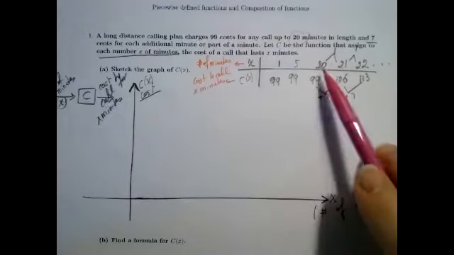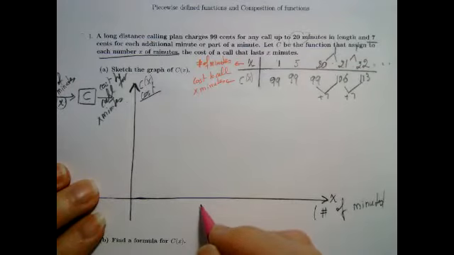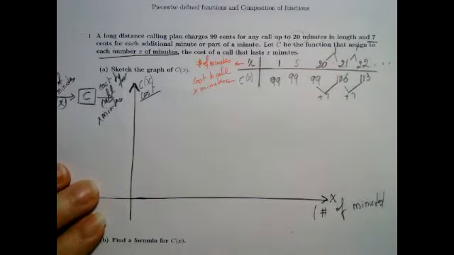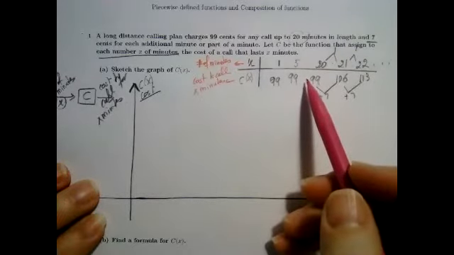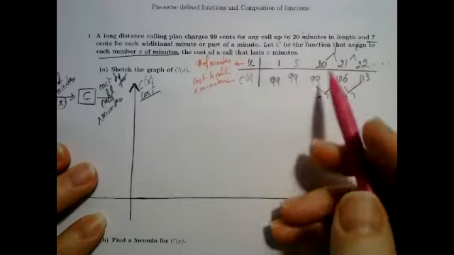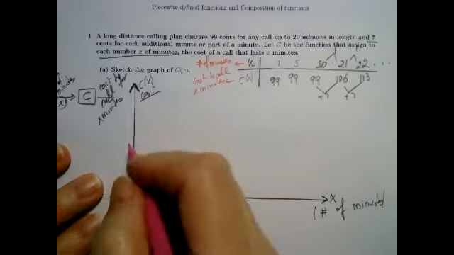You would start off on the x-axis at a point for 99 cents. So if for 1 minute it's 99 cents, or 5 minutes, where does it go, x or y axis? The x-axis. Right. And the 99 goes on the y.